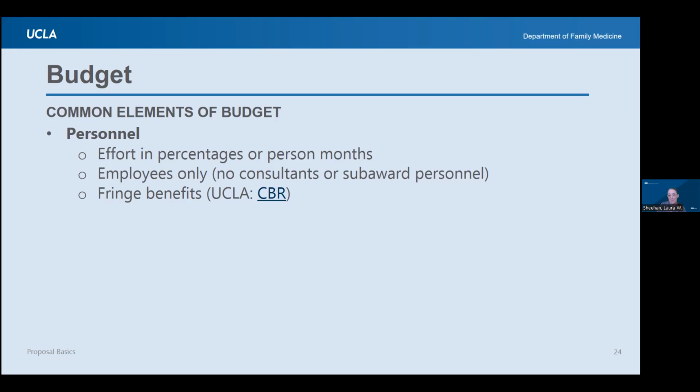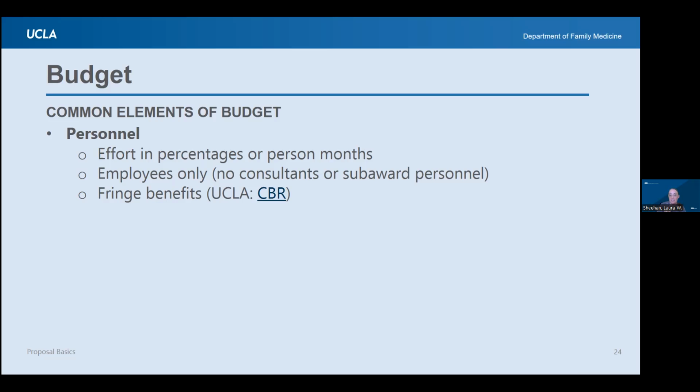You're going to want to tell the reviewers how much effort they are dedicating to the project. They usually want to know either in percentage or person months. Person months is pretty easy if you are a regular employee, you just multiply the percentage by 12. If you are an academic employee that only works 9 months out of the year and you get your summers off, that's where it gets a little bit tricky.